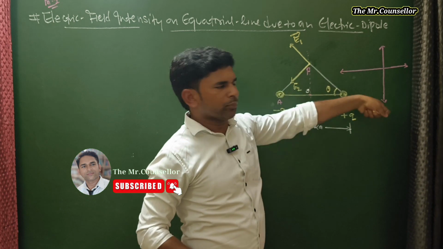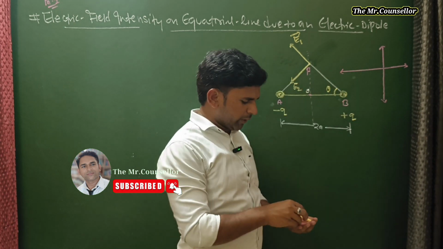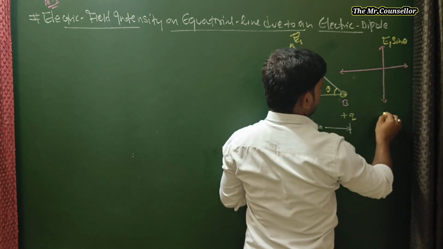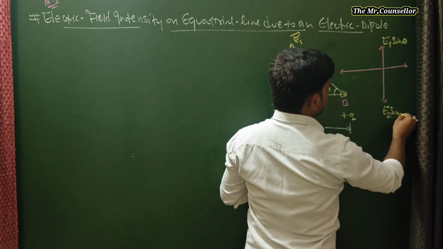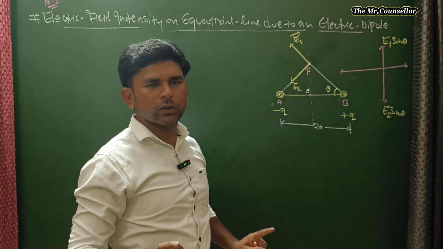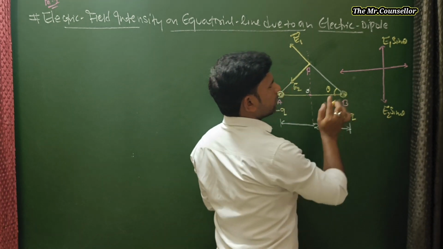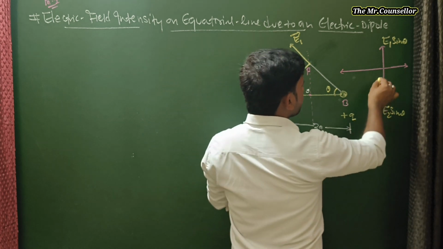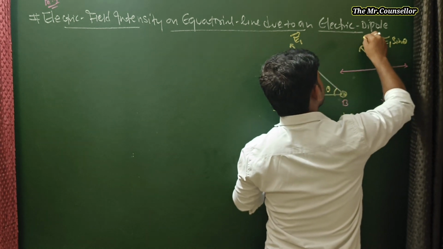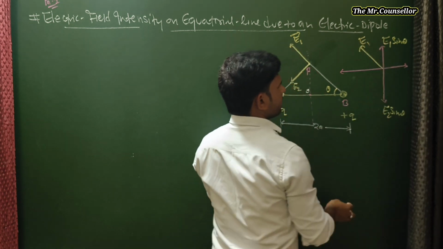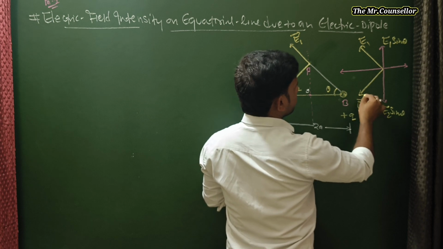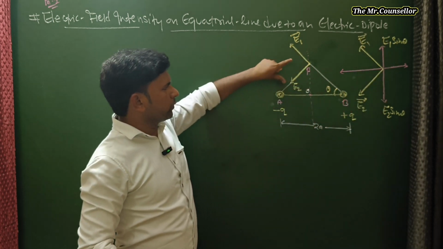The vertical components are E1 sin theta and E2 sin theta. Both are equal and opposite, so they will cancel, finish, yes or no? After this we have only the horizontal components, E1 and E2, understood according to this diagram.